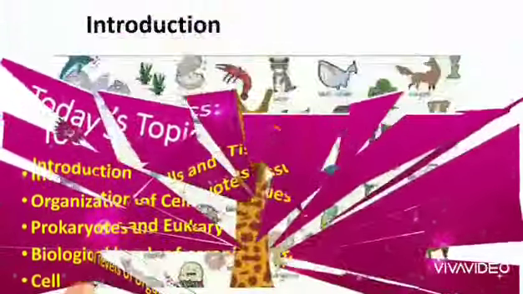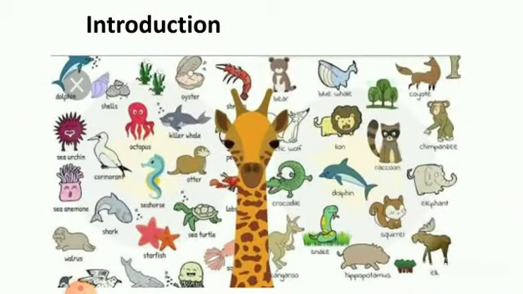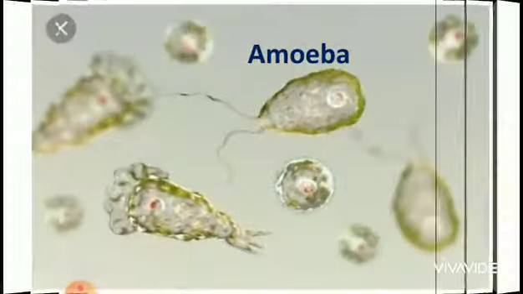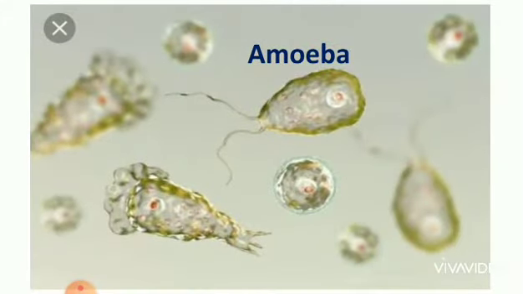First, introduction. Students, if you look around your school or in your countryside, you will be able to observe numerous varieties of animals, isn't it? Yes. But some animals like amoeba cannot be seen with our naked eye because they are very small in size.